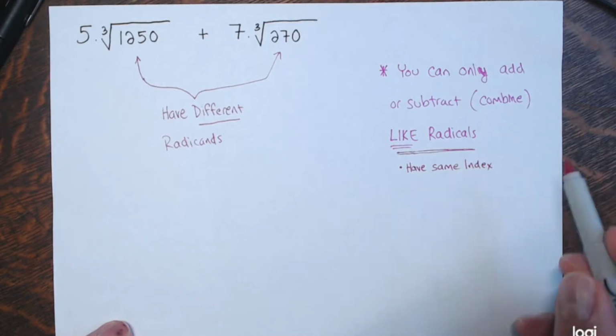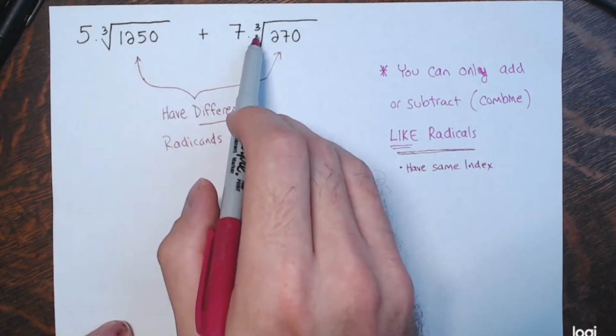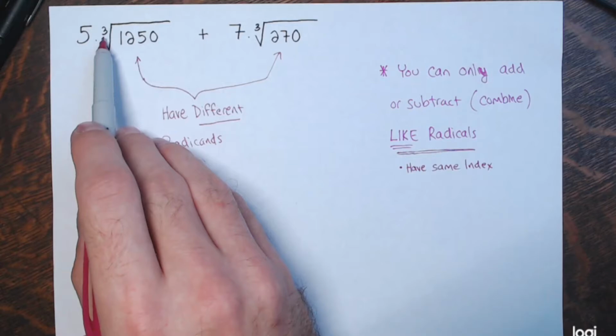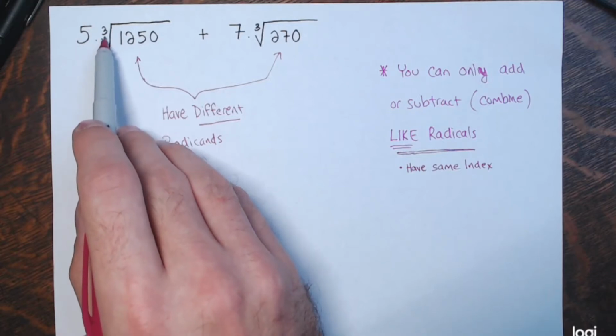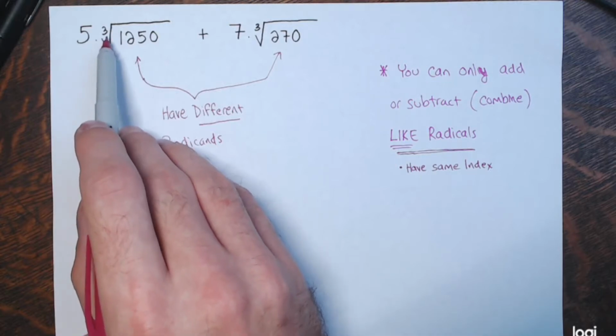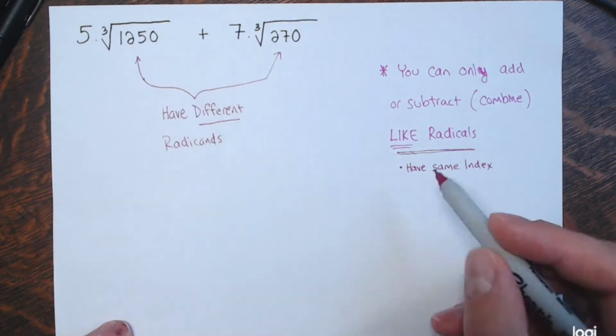So looking at these two radical terms here, they have the same index. Remember, the index is what the root is, the number in that little crook of the symbol. This radical term has an index of 3, so does this radical term. So they're both cube roots. That's fine.